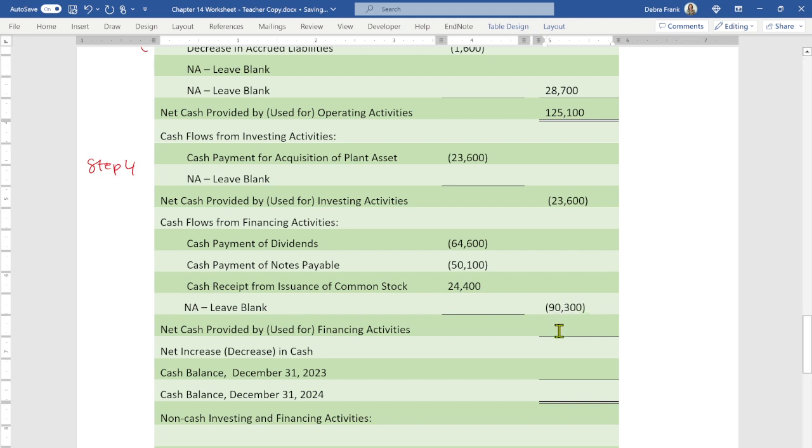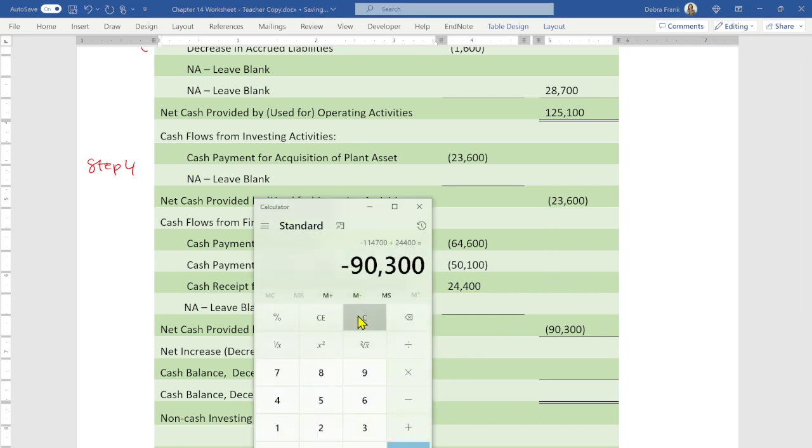I put that in the wrong box. Hold on here. There we go. Okay, so the net increase or decrease in cash from all operating, investing, and financing. Let's go ahead and get those. And we're looking at 11,200.